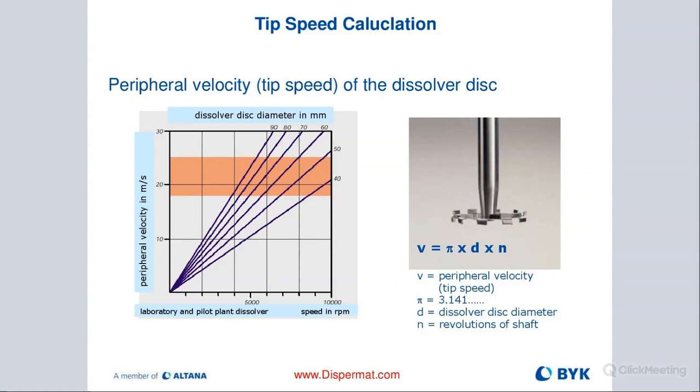For that reason, we recommend double wall, jacketed containers, that allow you to control the temperature. Our Dispermats, the higher end models, all have temperature readout capabilities. So they always tell you the temperature during the dispersing or milling process.